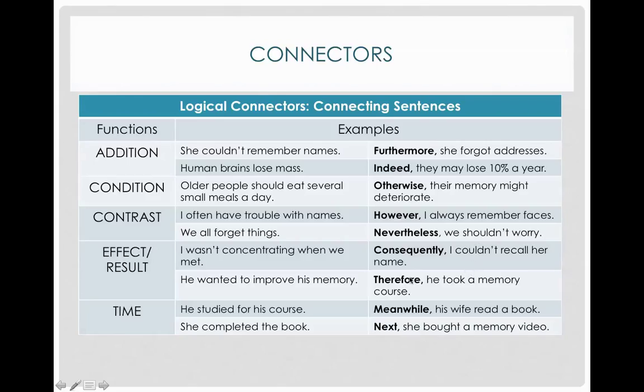I couldn't recall her name because I wasn't concentrating when we met. He wanted to improve his memory, so he took a memory course. He studied for his course while his wife read a book. After she completed the book, she bought a memory video. So there are different ways to express the same idea using different connecting words.